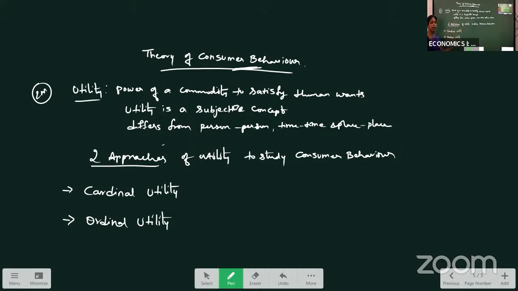The other one is ordinal utility, right? Now, is this clear with the utility? Now, we will discuss the 2 approaches of utility in detail, which is very, very, very important for your 2 marks. So, first, let us discuss cardinal utility.